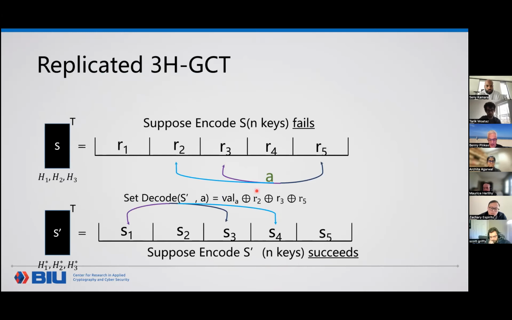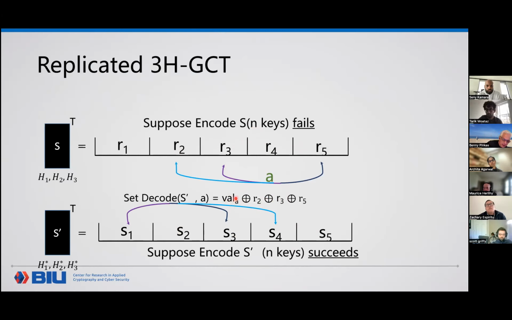From here, I'm going to get this junk for A. From the second table, I'm going to get what I put here, which is the value I should get for A XORed with the junk I get from the first table. And when I XOR the two, I get the right value for A.